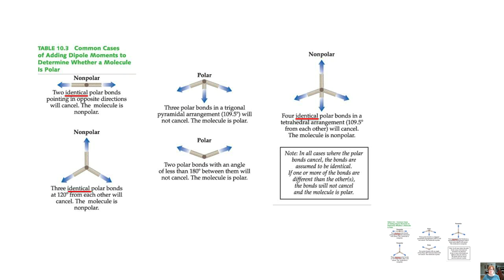If I have 2 polar bonds that are in a bent geometry, even if they're identical, they won't be able to cancel out. And then I have this case of 4 identical polar bonds in a tetrahedral arrangement that would be nonpolar. So those are some pretty common cases that we tend to see quickly and often. And again, trying to recognize that and practice with this. This is a challenging topic.